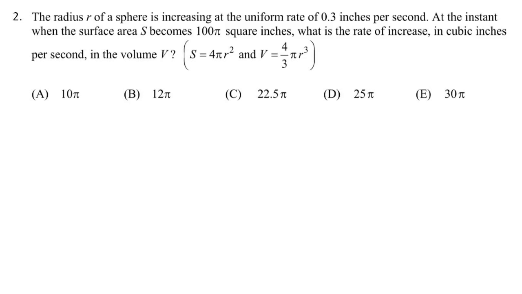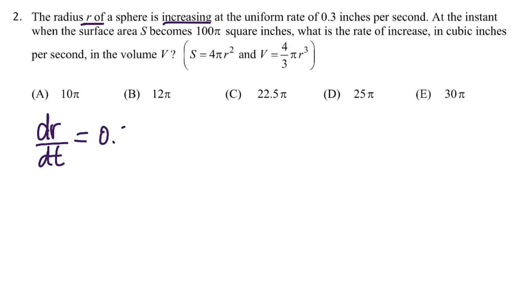So for number 2, we have the radius r of a sphere is increasing. So I would stop there again. We know that the radius r of a sphere is increasing. So that's telling me a rate of change for the radius, increasing at a uniform rate of 0.3 inches per second.